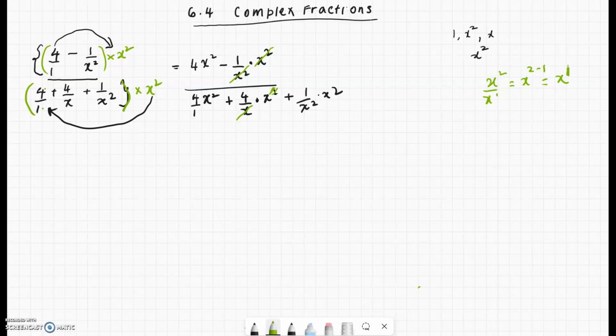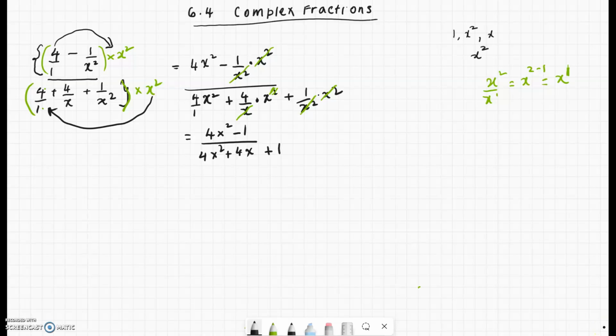So one of the x's gets cancelled, you're left with only 1x. Here the x squared gets cancelled and we're left with a 1. So let's write down what we get. 4x squared minus 1 over 4x squared plus 4x plus 1.